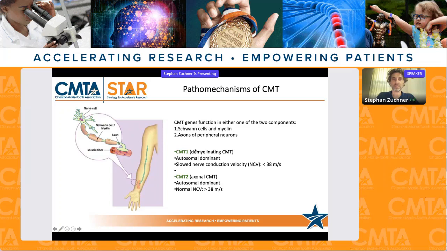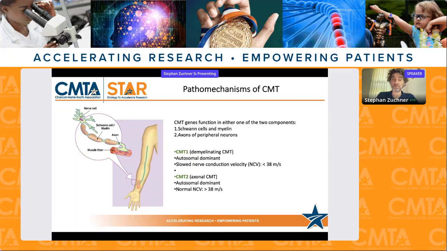One is CMT type 1, where the nerves are surrounded by an insulating sheath of cells. It's almost like an electrical cable with the insulation. Those cells, the Schwann cells, are sick in CMT type 1. Quite different is type 2, where the nerve, or if you want, the electrical cable itself, is damaged.